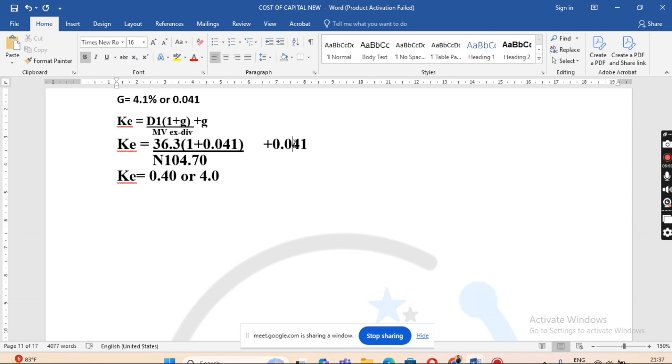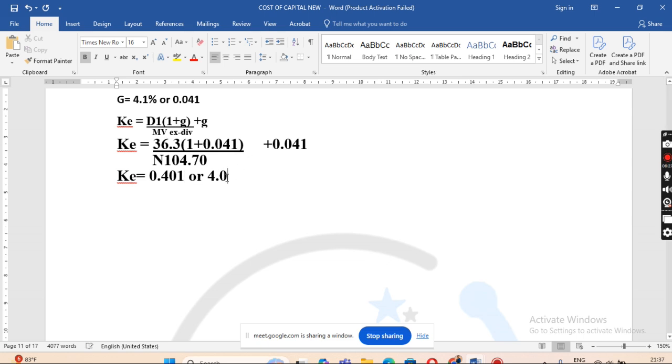That gives 0.3609, plus 0.041, which gives 0.4019.